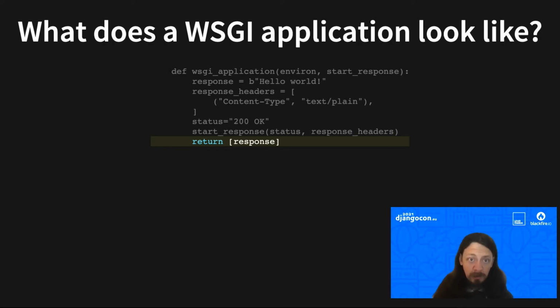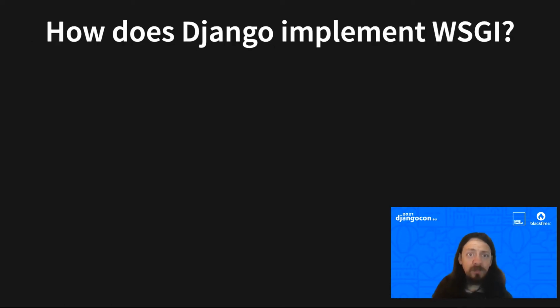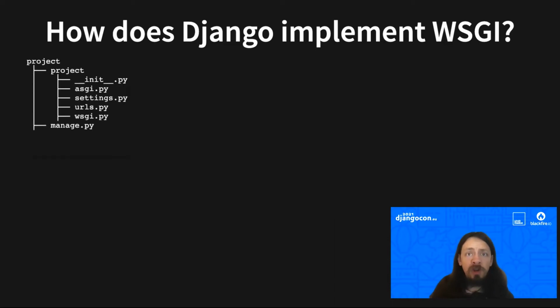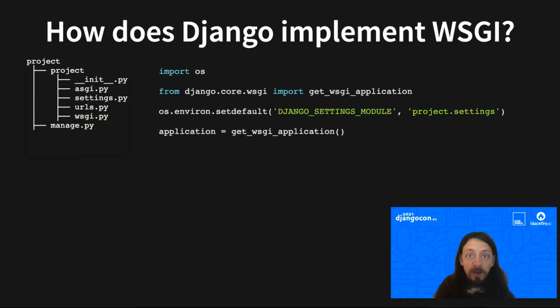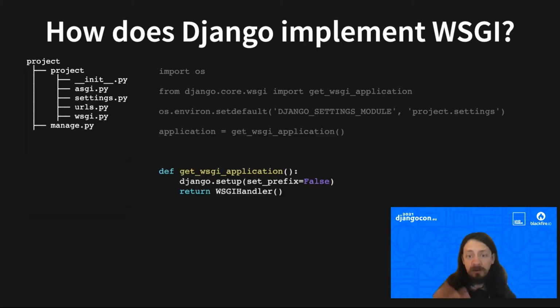So how does Django implement this? Well, when you start a new Django project, you'll have a folder structure, something like this, and you'll have this file wsgi.py that you probably ignore most of the time. But if you look inside, down the bottom, we have this line, application equals get_wsgi_application. So when your server starts up, it's going to import this, and that get_wsgi_application function is going to run.